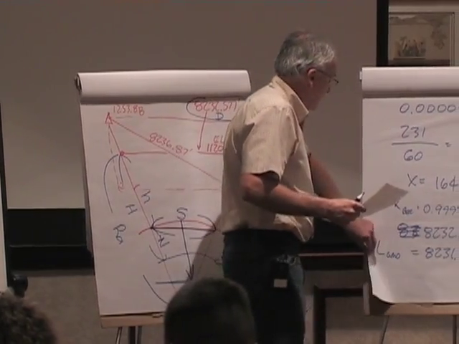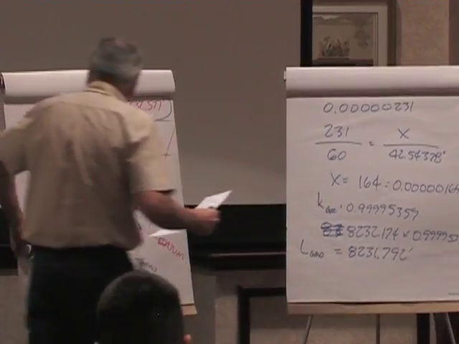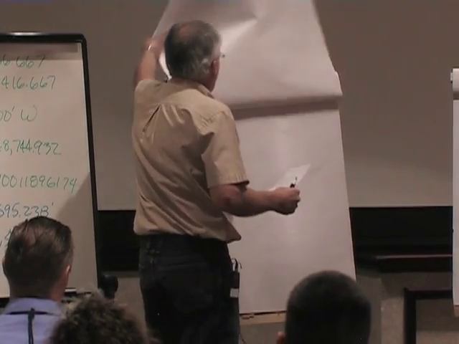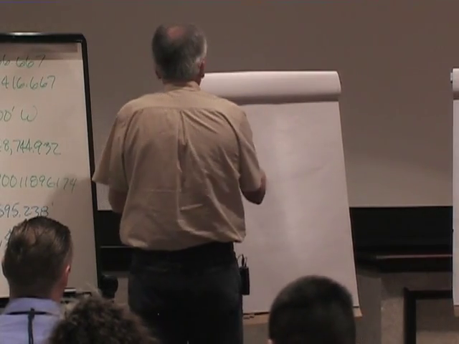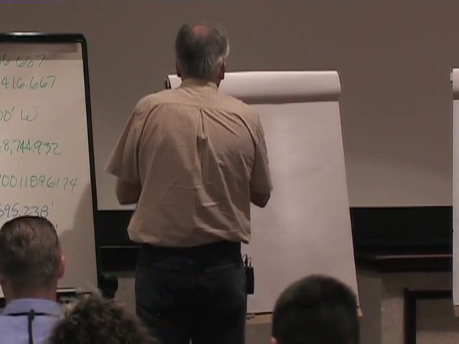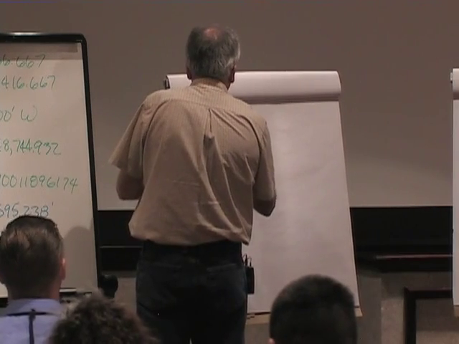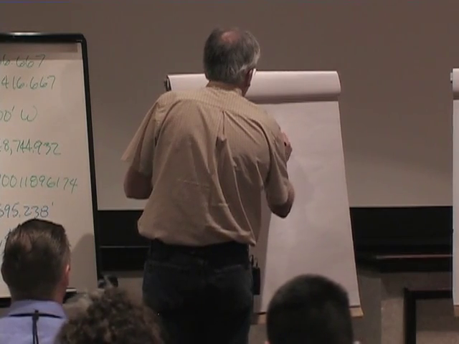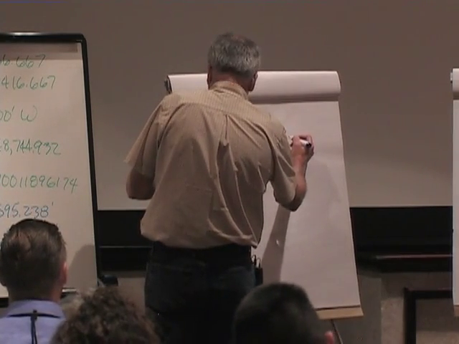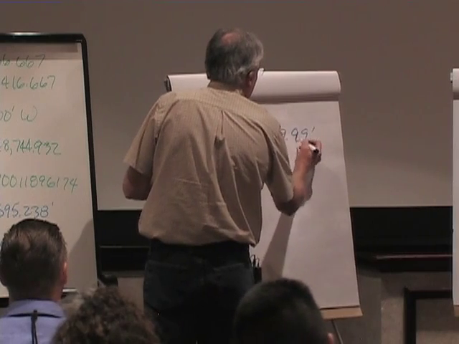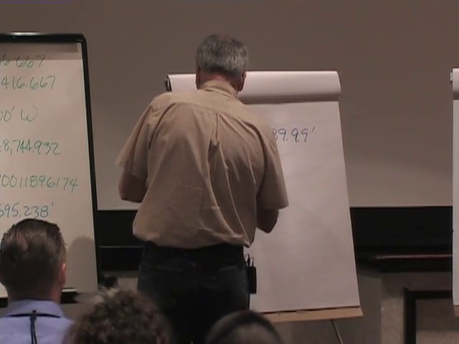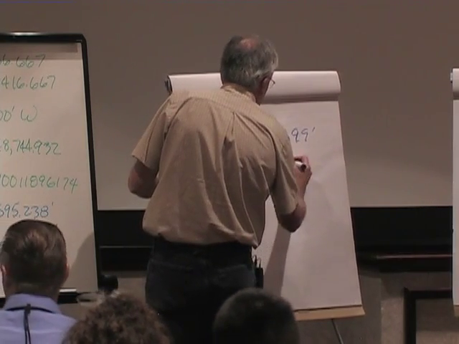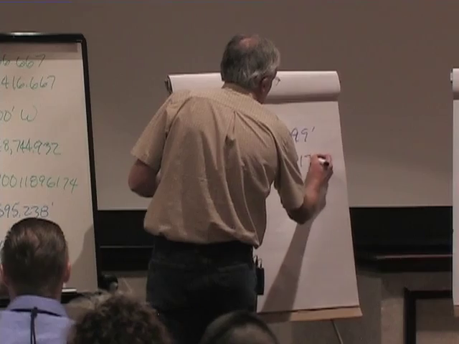If you want to run through this problem at home or whatever, you end up with coordinates for Riverside of north 1,930,589.99 feet, that's a 9, and an easting of 6,900,621.13 feet.